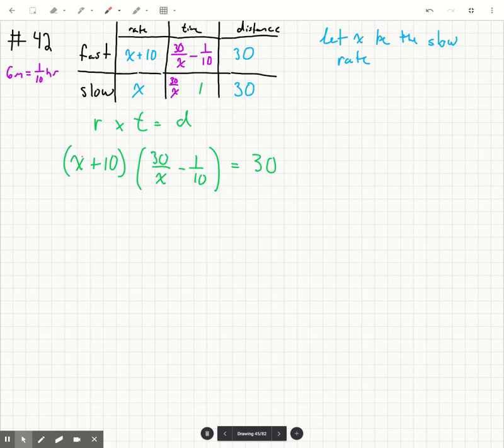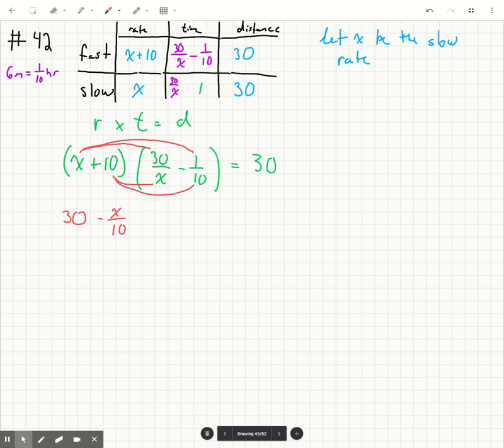So one of the things I could do is multiply by 10X here, or I could expand. I just like to expand first in this case. So we're going to multiply here, and the distributive property happens twice, right? I multiply X times 30 over X, and I undo that division, so I end up with 30. Then X times negative 1/10 is minus X over 10.